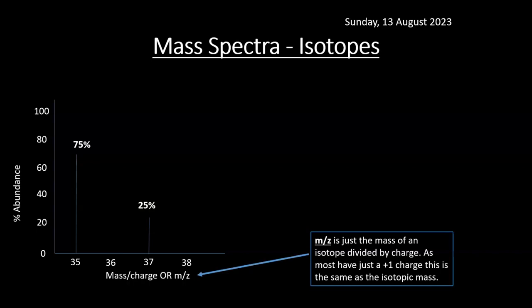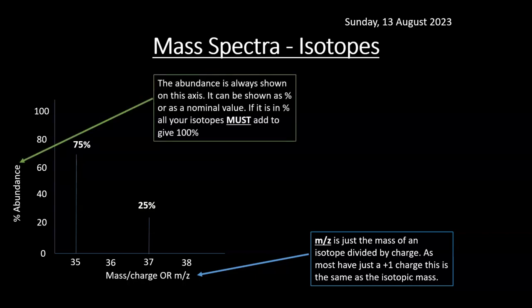As I said, the m/z value is just a quotation on the axis there, which essentially is mass divided by charge. Since most of these particular ions have a charge of +1, then this is just mass over 1. The abundance details up the side and the accurate masses are all determined by mass spectrometry.